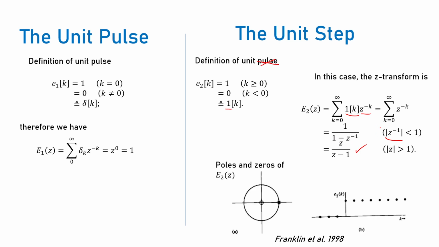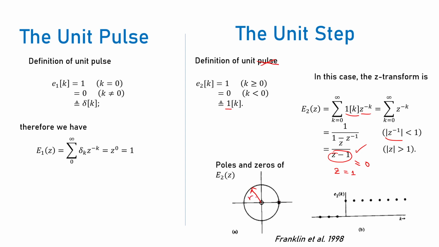And let's see the location of the pole of this Z transform of the unit step. Poles means you set the denominator to be 0. So this equal to 0 means Z equal to 1. Here is 1. This is the so-called unit radius.